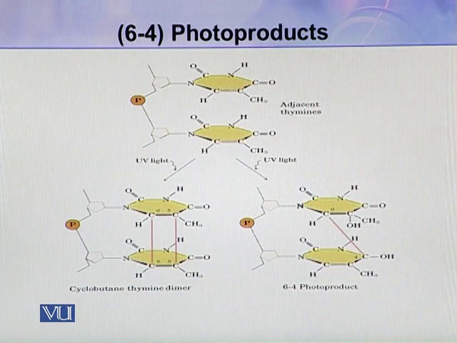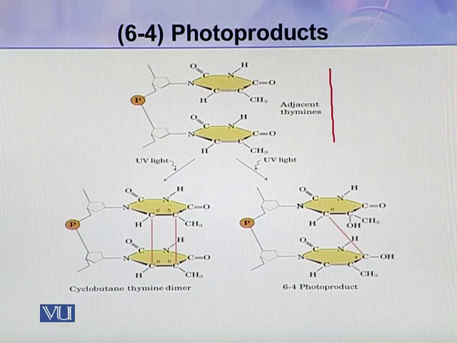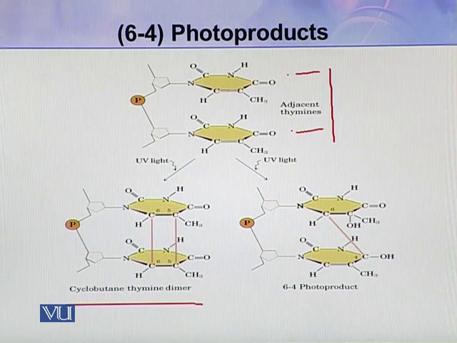So here you can see this is normal DNA and 2 thymines are present adjacent to each other. UV can damage this DNA in 2 ways. One is the cyclobutane thymine dimer formation, and secondly through 6,4 photoproduct formation.